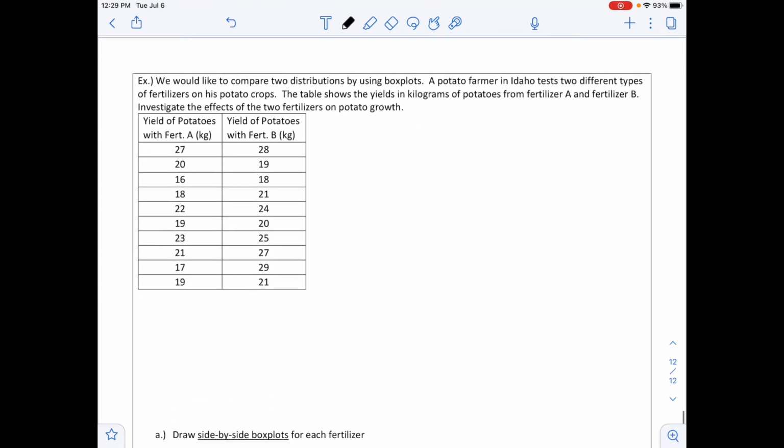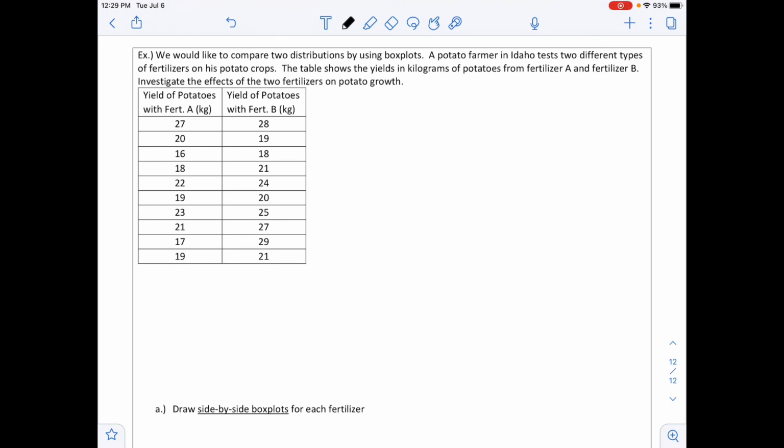So we have another example here, and this one says we would like to compare two distributions by using box plots. A potato farmer in Idaho tests two different types of fertilizers on his crops. The table shows the yields in kilograms of potatoes from fertilizer A and fertilizer B. Investigate the effects of the two fertilizers on potato growth.